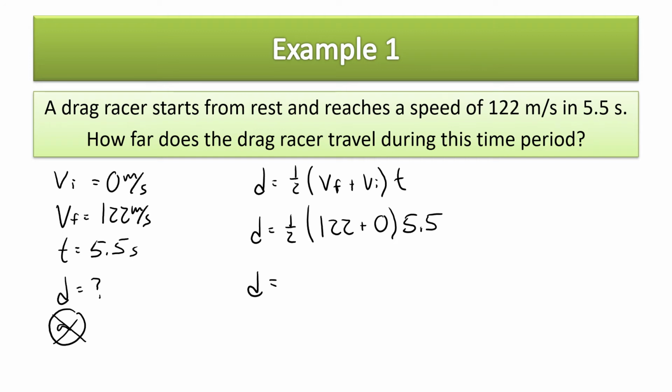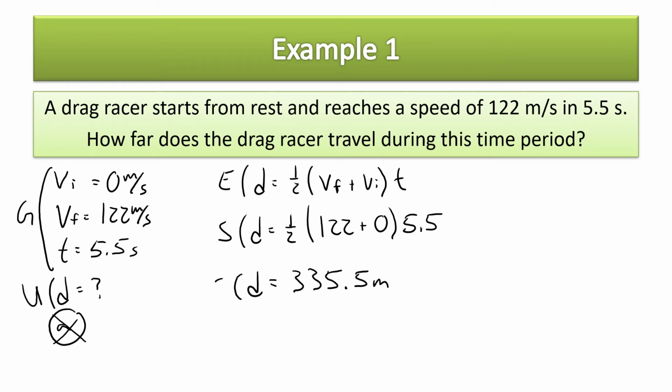So you get 335.5 meters. For these, I want you to do the GUESS method. Write down your givens, write down your unknown, write down your equation, then substitute, then solve. All of the steps of the GUESS method I want to see on your paper for tonight's practice assignment.